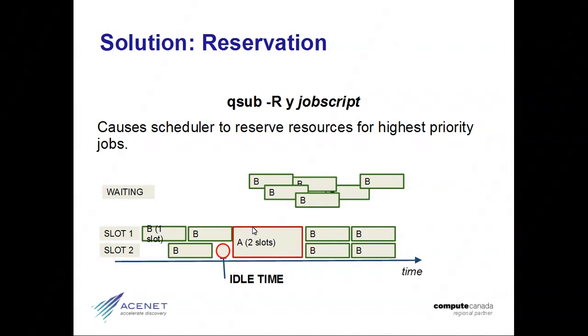And by the way, the same argument can also be applied to memory as to CPU slots. So if you're asking for a lot of memory, it may make sense to apply reservation as well.